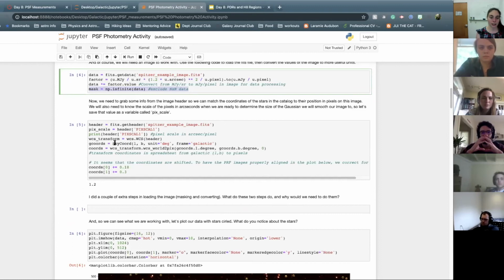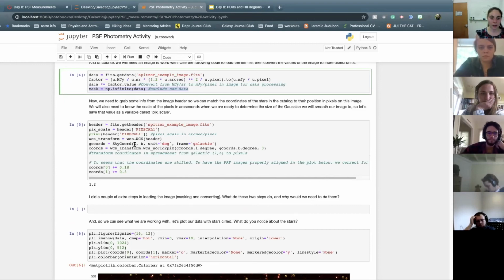Then we go ahead and we grab some information from the header, specifically the pixel scale of this image, so how big the pixels are in arc seconds, and the world coordinate system information. This is all stuff I've already written, so don't worry too much, but it's stuff that you can keep in your basket of tricks.